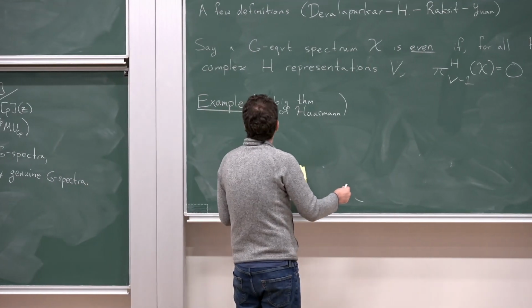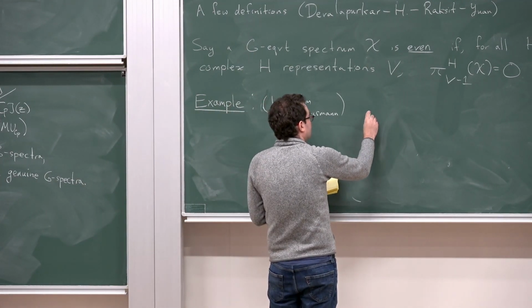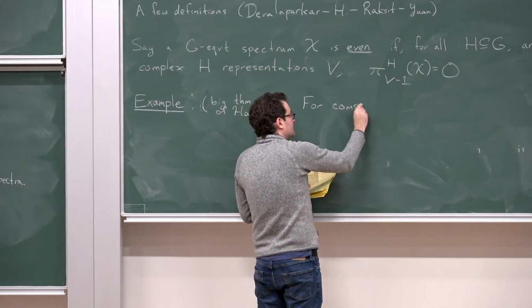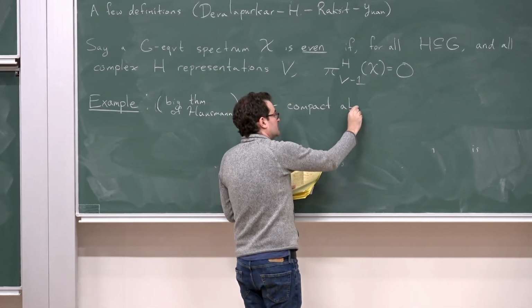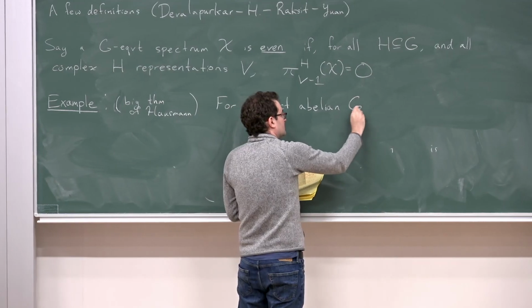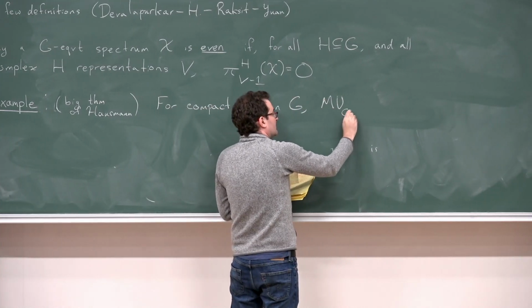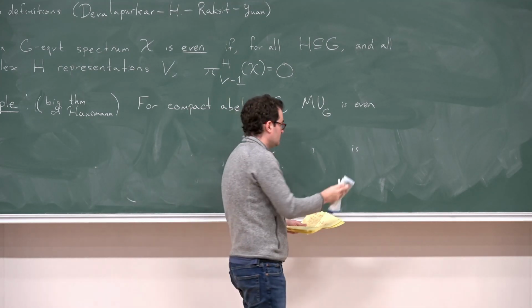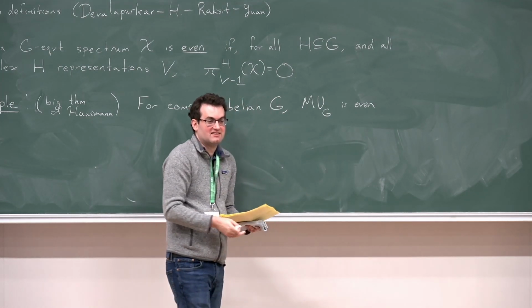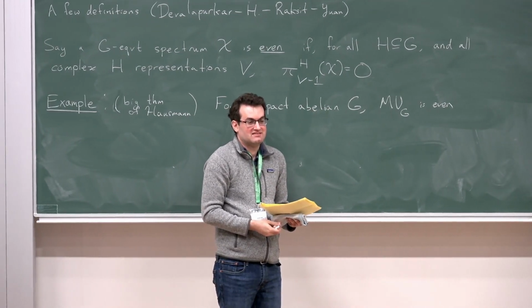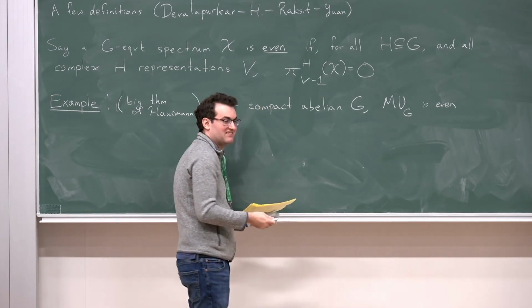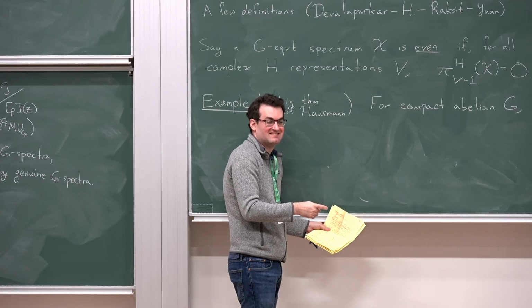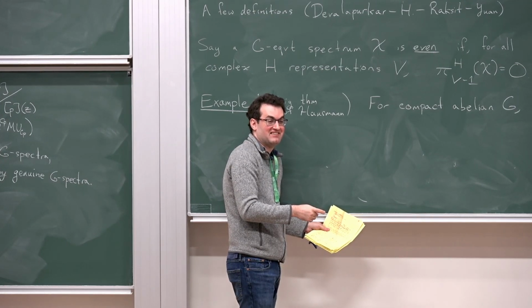Okay, but a theorem of Marcus is that for compact abelian G, mu G even in this sense. But that's not my. Well, okay. Let's take it up that. I was going to name some other names, but you tell me exactly which ones. Thank you. Which names I should put.